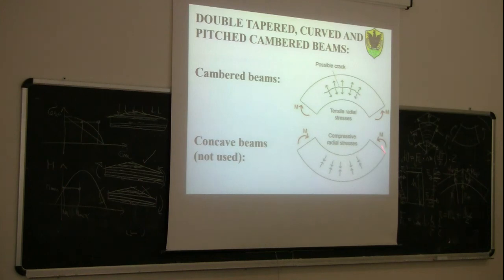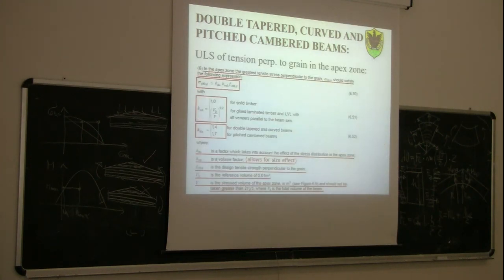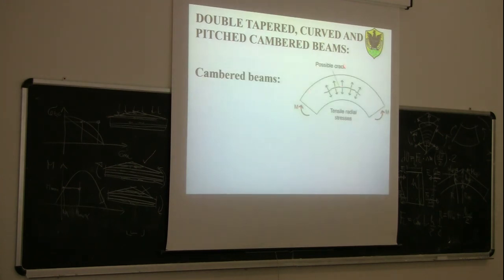So the first case is by far the most important one. And usually, in this kind of beam, if you do your design and come to this verification, it is not satisfied. So the only way to make this kind of structure is to reinforce it, for example by using plywood panels glued on the sides. We are going to have a lecture just about reinforcement. Or by using screws perpendicular to the grain, or epoxy rods perpendicular to the grain, to take those tensile stresses induced by the bending moment. So we will have to reinforce the beam.